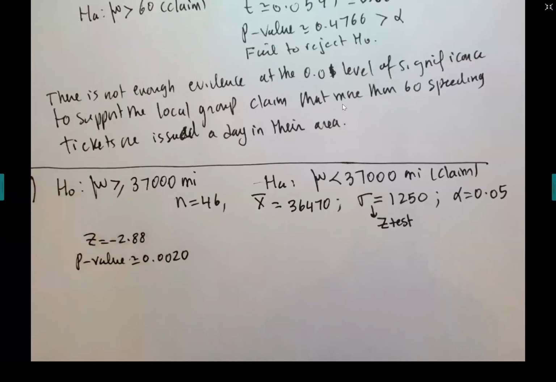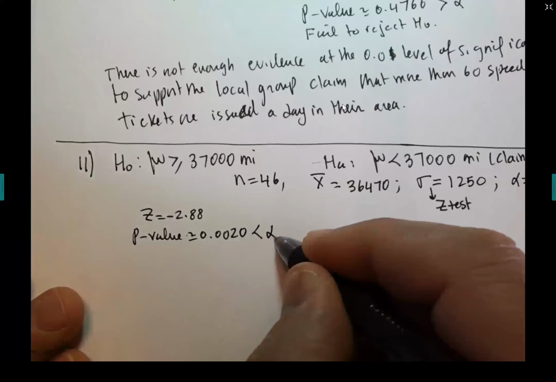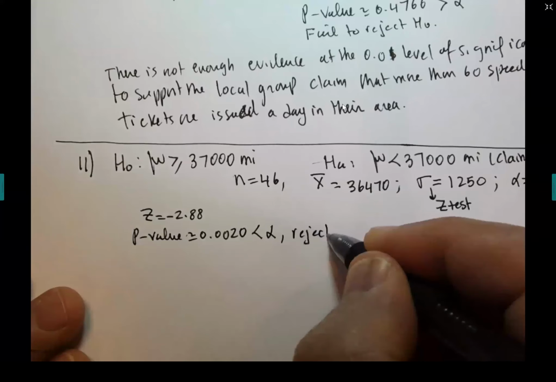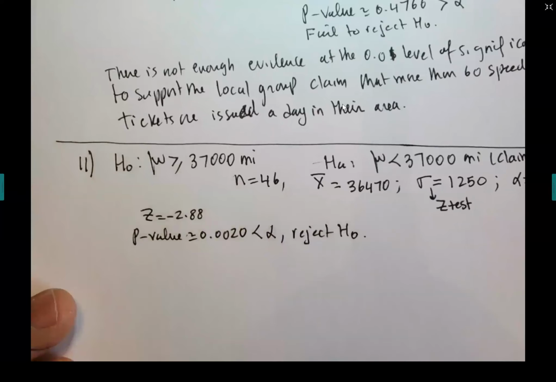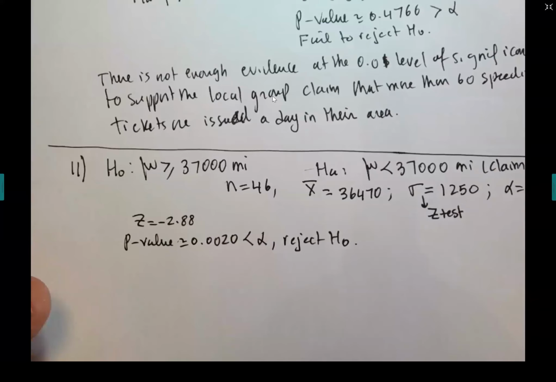All right, so conclusion. This is less than alpha. We reject H0. And if we reject H0, we have enough evidence to support the claim.